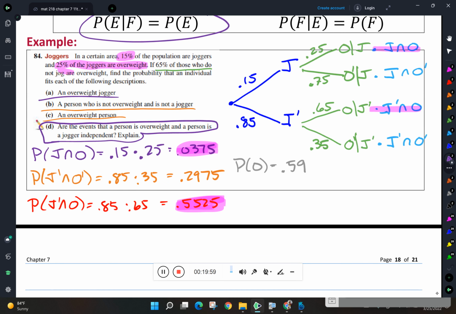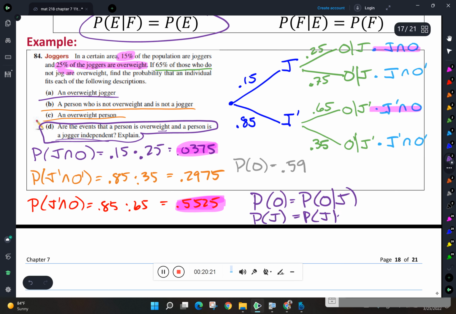If they are independent, then the probability of overweight should be equal to the probability of overweight given that you're a jogger, and the probability that you're a jogger should be the same as the probability that you're a jogger given that you're overweight. And so I'll check those two.